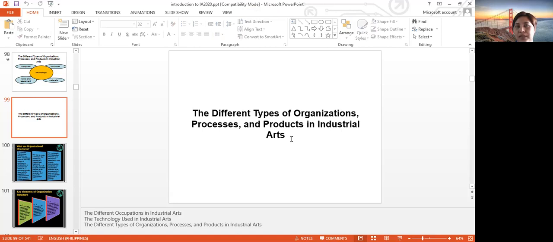So from the word industries, that is all about creation of something, manufacturing of different things from which the community will benefit. And when we speak of arts, these are the things made according to the skill, according to the design of a person, of every individual.